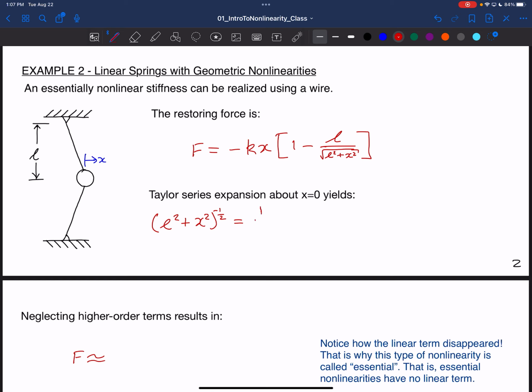So the first term we're going to have is 1 over L minus X squared over 2L cubed plus 3X to the 4th over 8L to the 5th plus an order 6 term. This big O means that of all of the terms that are in there, there are at least as big as 6 in this case.